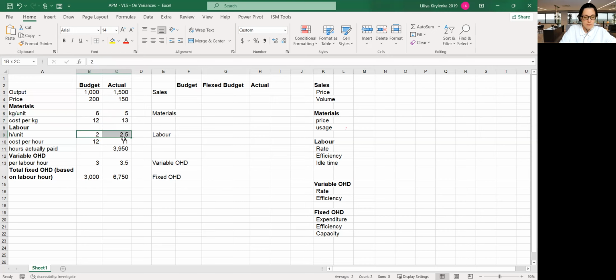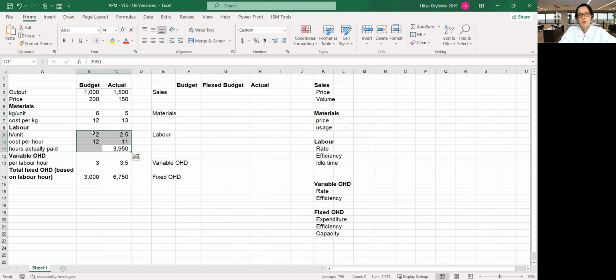And the same idea is given here for labor. But with the labor, we have a thing that is not met with materials. It is idle time. Meaning that for materials, if you get 10 kilos of materials, 10 kilos is what you pay for. But with labor, we cannot ask a person to come and work for us for, let's say, 17.5 hours.